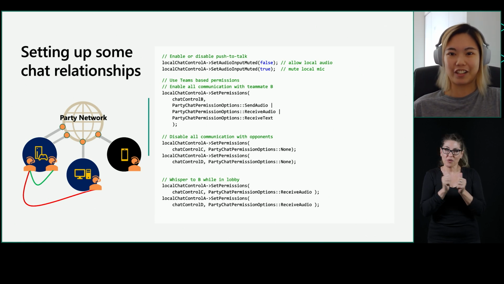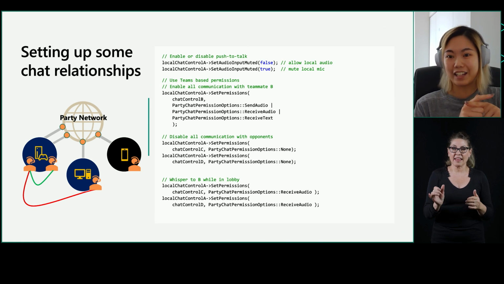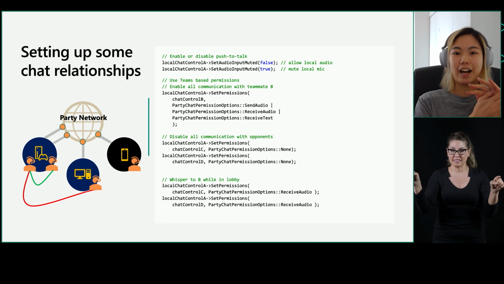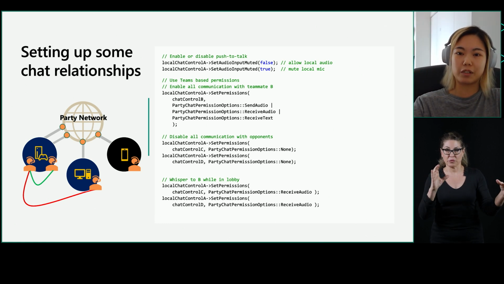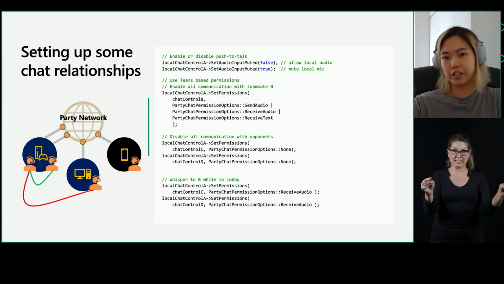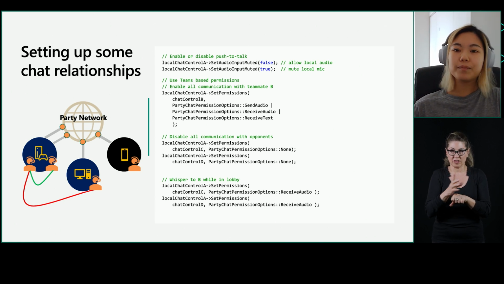Deny communication with opponents. So say C and D are A's opponents. We would just disable communication to C and D, chat control C, chat control D, and set everything to none.